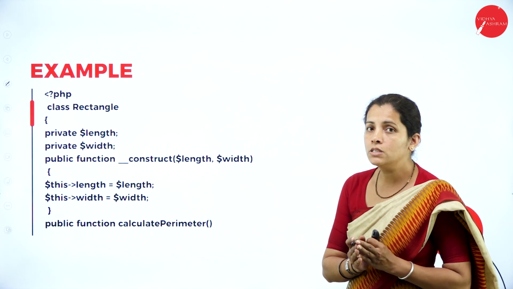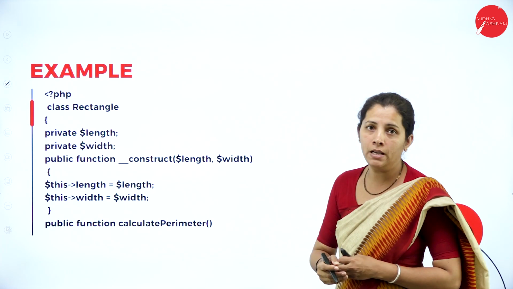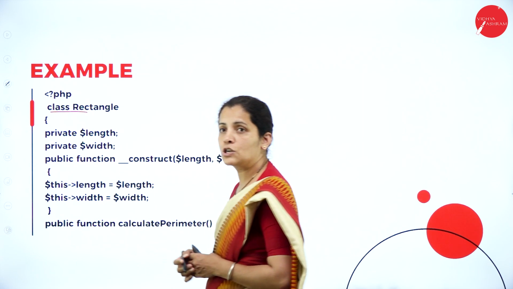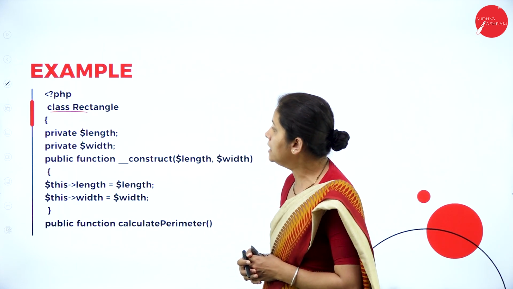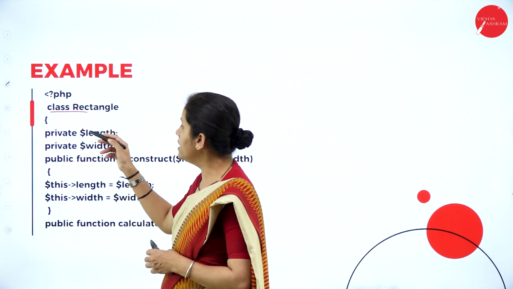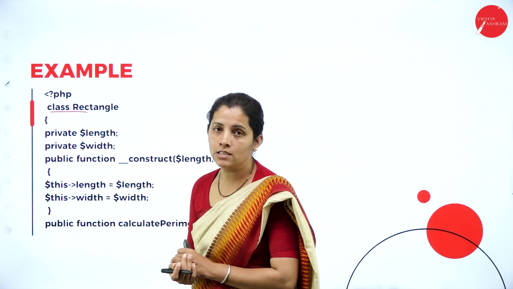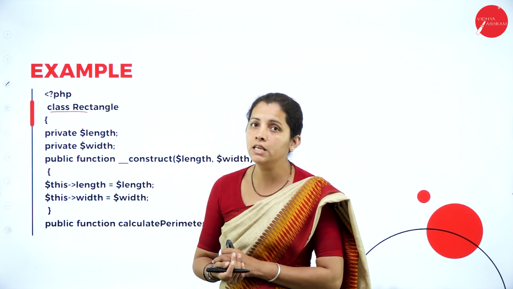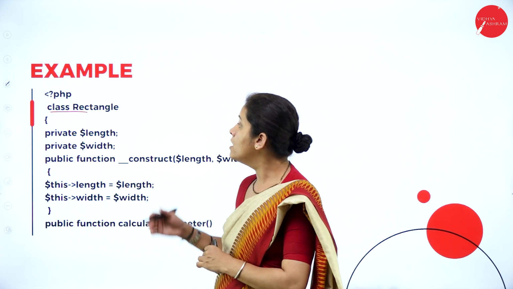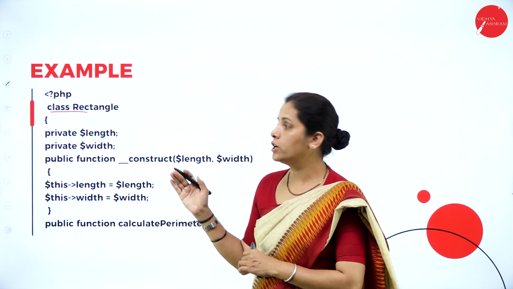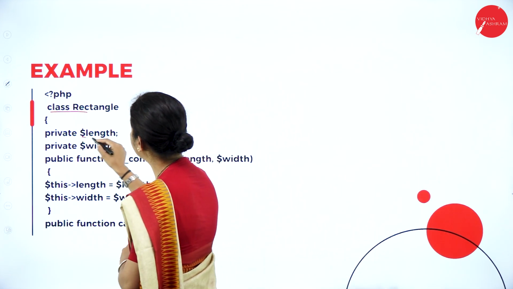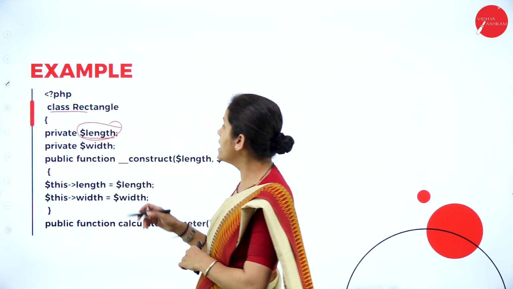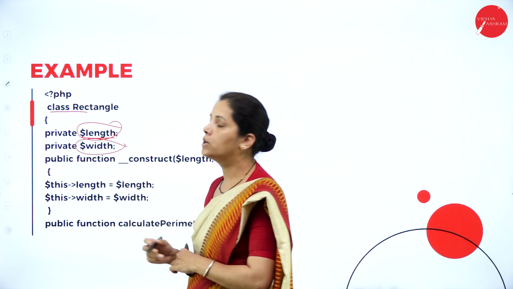Okay, fine. Now see here, I have a very simple example. I have the class called rectangle. In that, what is this? Private, public. That's nothing but the access modifier. If I consider access modifiers, I can have three types: private, public, and protected. And see here, I have the variable called length, and the variable called width.